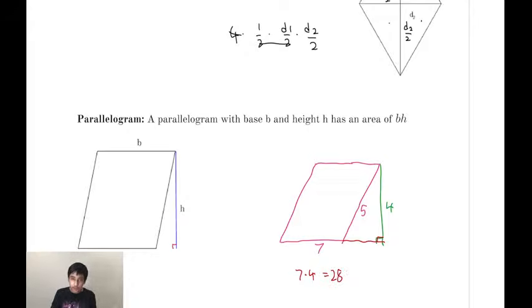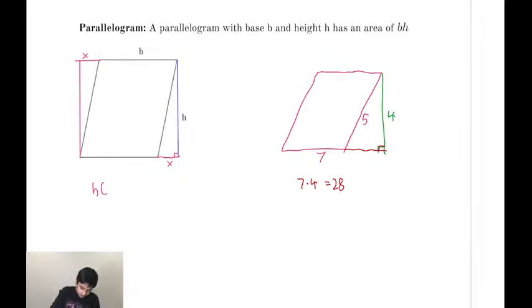And again, the reason that this is true is because we can imagine that we can construct 2 triangles on both sides. We can construct a triangle there, a triangle there. And then we can draw this out. In order to find the area of this parallelogram, if this is x, this is x. The total area of this whole shape I just made is going to be h times (b plus x).